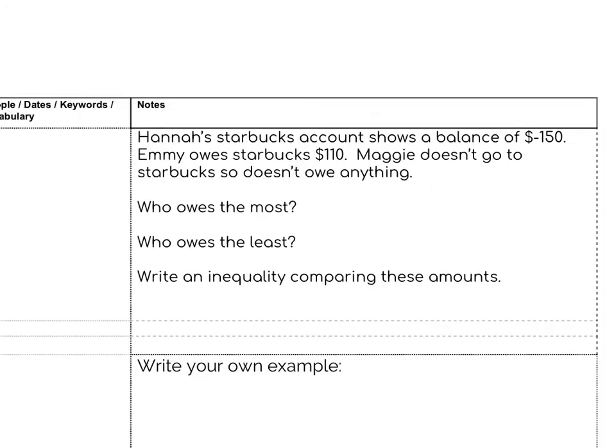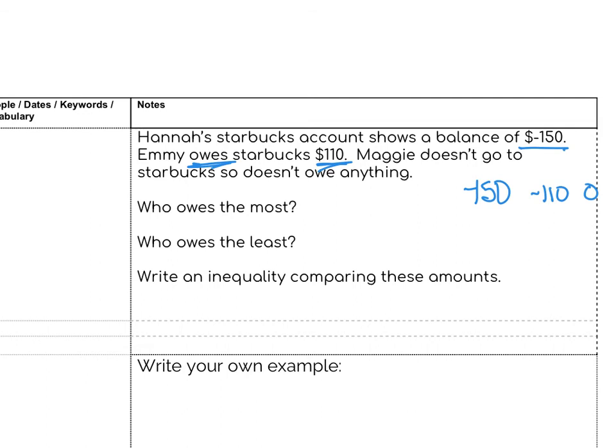So let's try one more. Hannah's Starbucks account shows a balance of negative $150, which is really funny because she does not really drink coffee. So she's at a negative 150. Emmy owes Starbucks 110. So if she owes 110, that's a negative number there. Maggie doesn't go to Starbucks, so she doesn't owe anything.